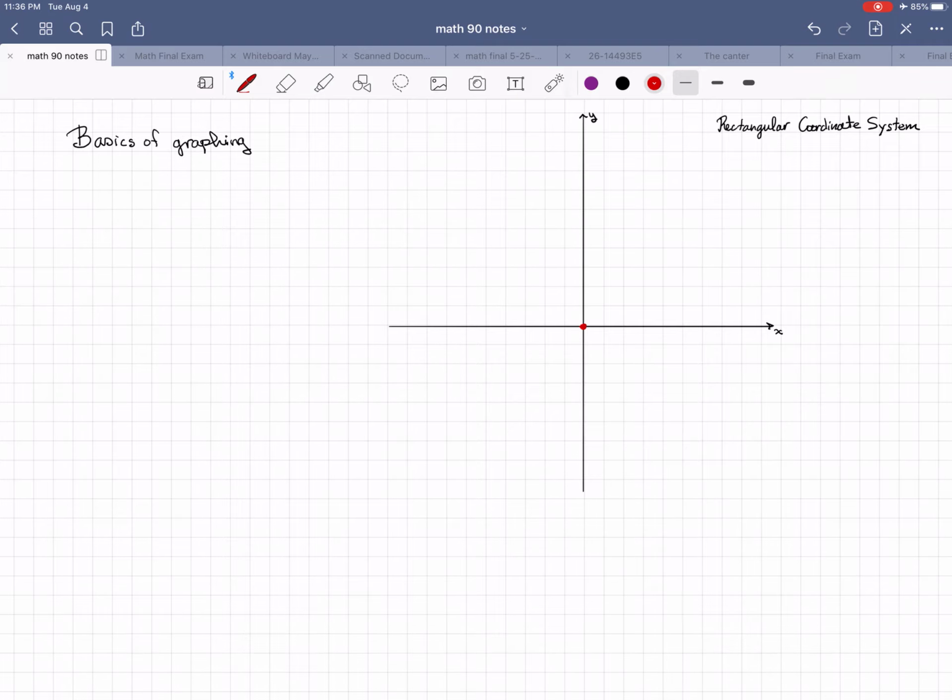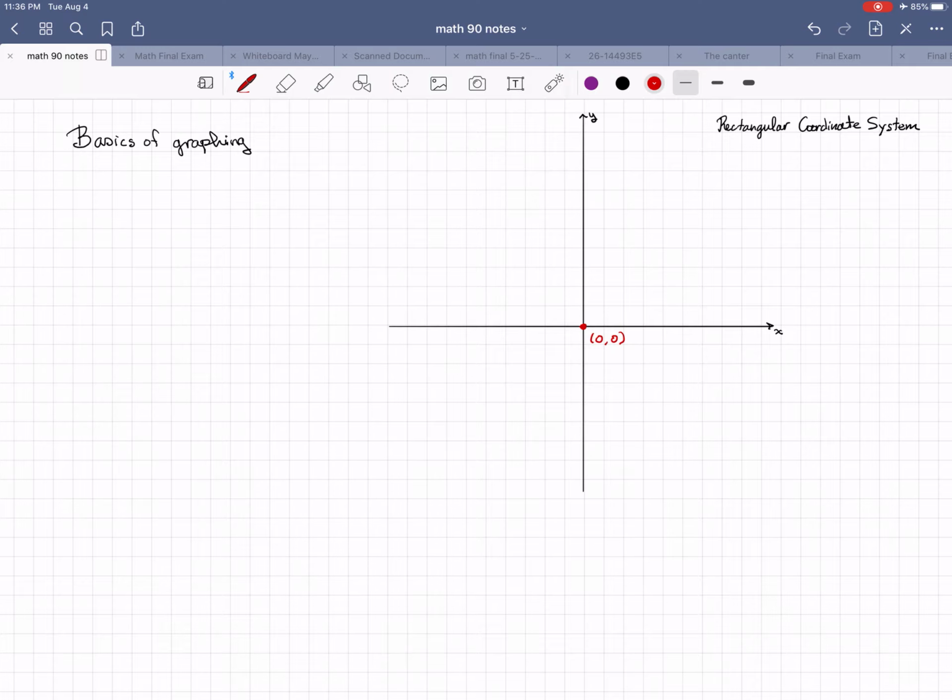The most important point on this whole system is the point where the two axes intersect. Every point in this system is going to have two coordinates: the x-coordinate, which is the first one, and the y-coordinate, which is the second one. And it all stems from the origin, whose coordinates are 0, 0.